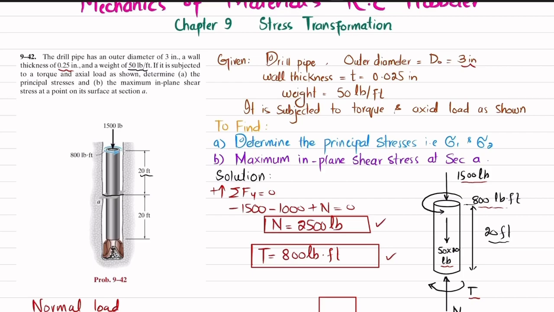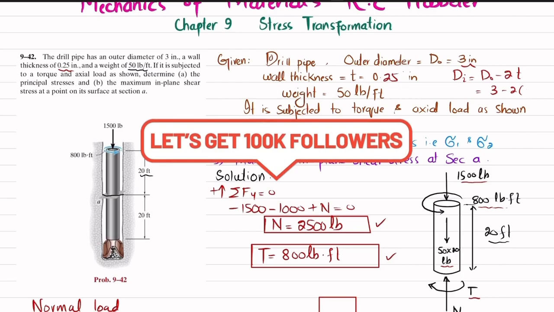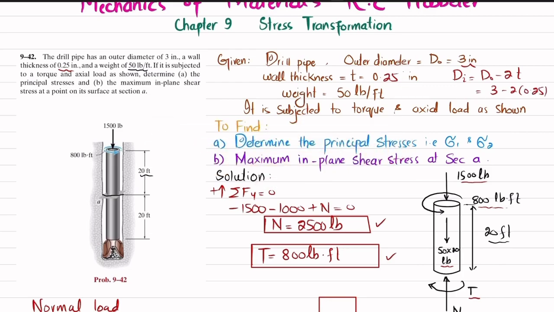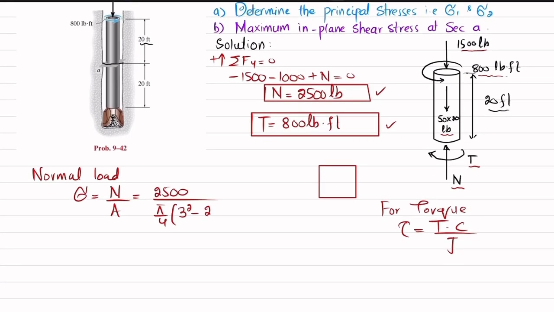It means that d inner will be equal to d outer minus 2 times the thickness. So 3 minus 2 into 0.25 will give d inner as 2.5 inch. So I will write minus 2.5 whole squared.